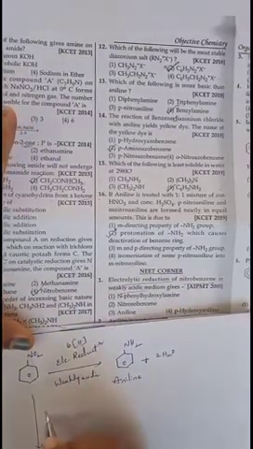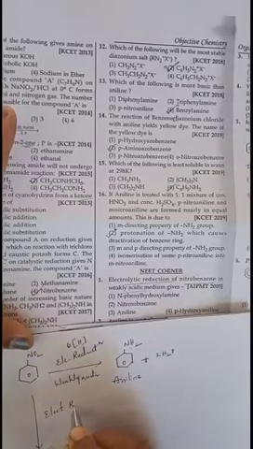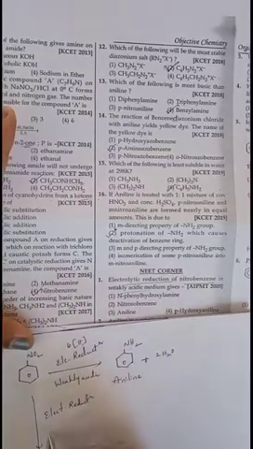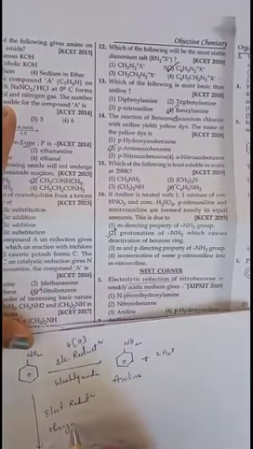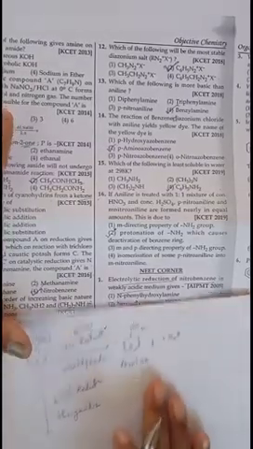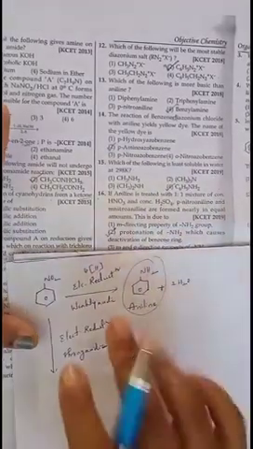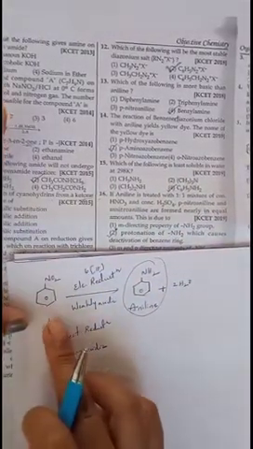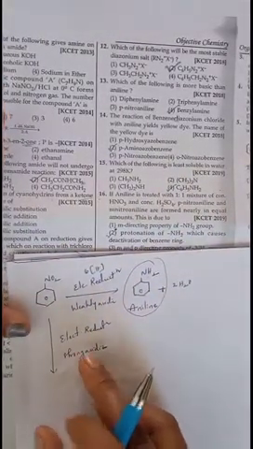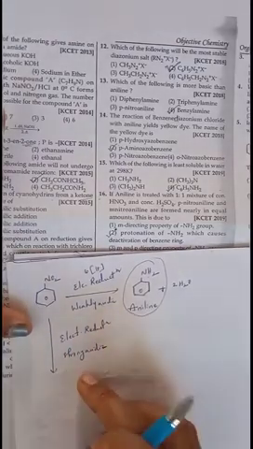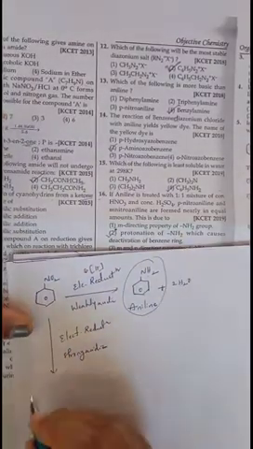If the same electrolytic reduction takes place in strong acidic medium, just imagine. Our answer we have got is aniline. If the same nitrobenzene undergoes electrolytic reduction in strong acidic medium, the product may change.